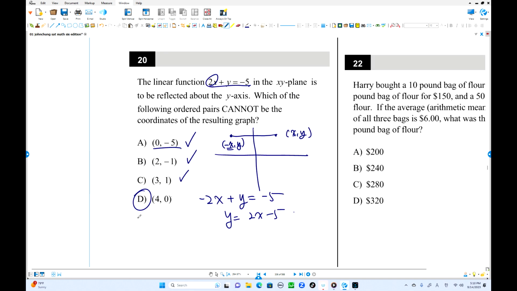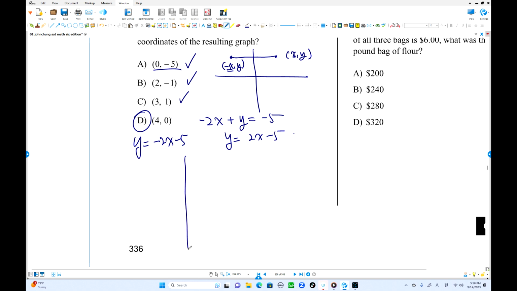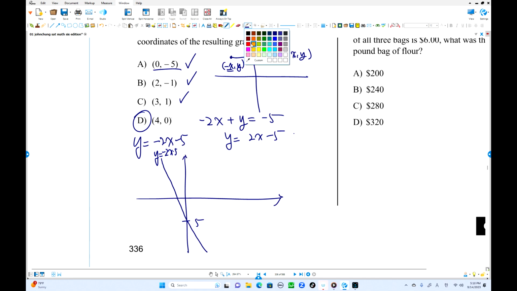Okay? Or you can use this graph, y equals negative 2x minus 5. Negative 2x minus 5 looks like this one. Negative 5, negative 2x minus 5, this way. What is the reflection in the y-axis? I'm going to do it differently. This reflection, right? Same distance.